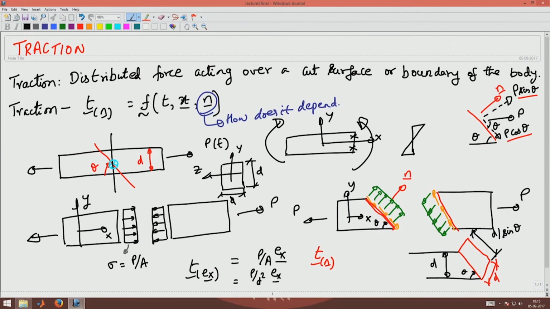Okay, that will be d by sin theta. Now what is this traction T's of n then?